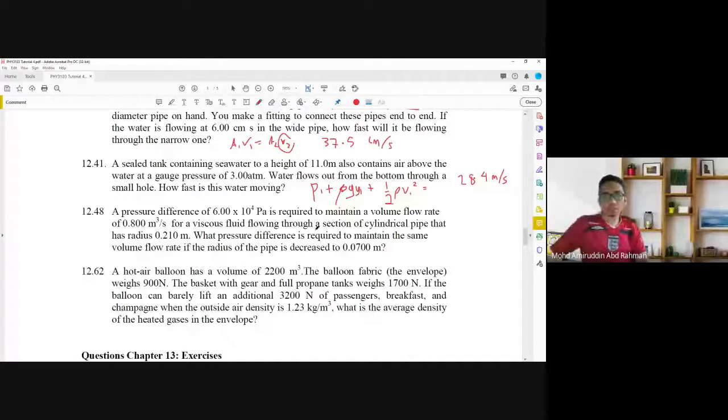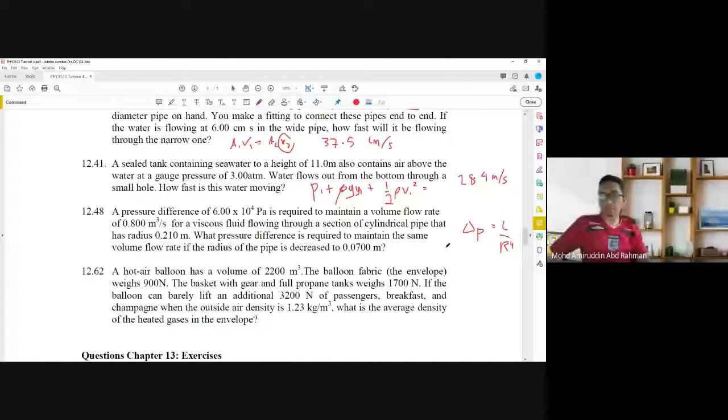We need to relate that with the pipe radius. The pressure difference is proportional to L over R to the 4. So that's the equation for the pressure difference.